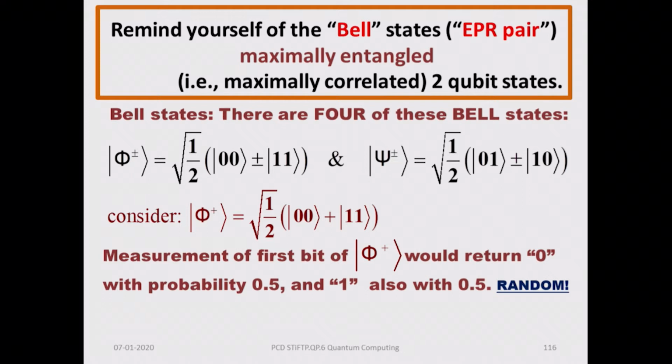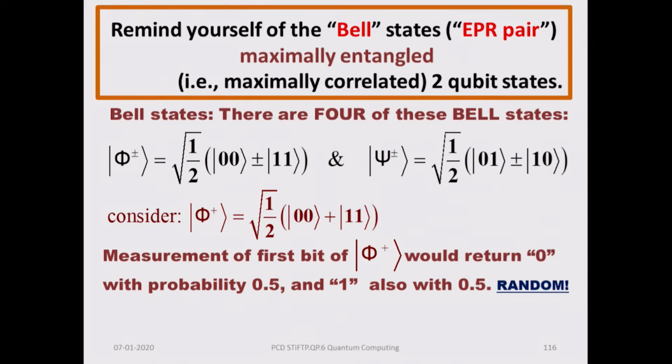And if you carry out a measurement on this state and it returns the value 0, then the probability that you will get this answer is only half, because it is a superposition of 00 and 11.